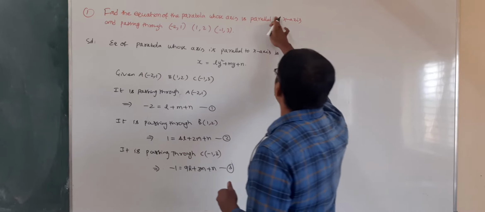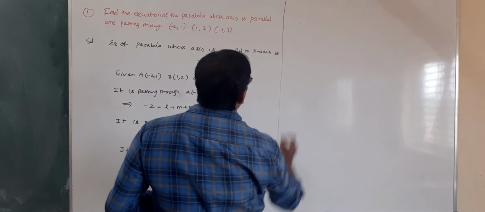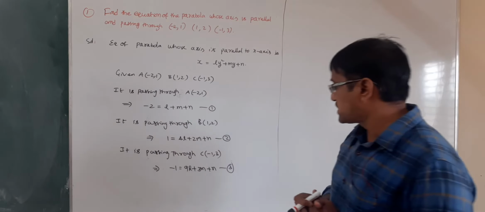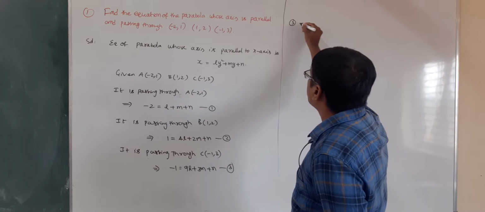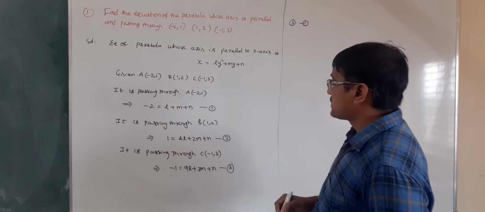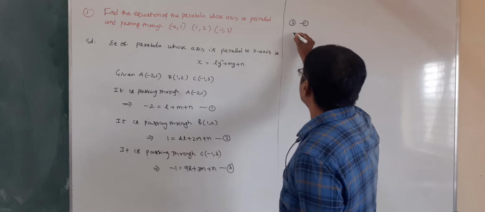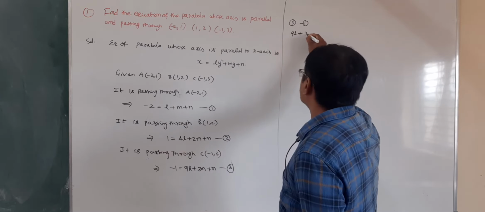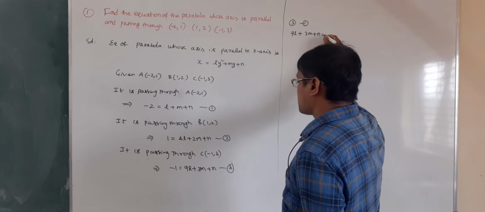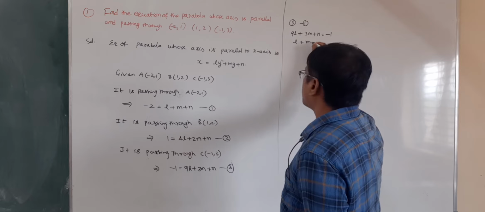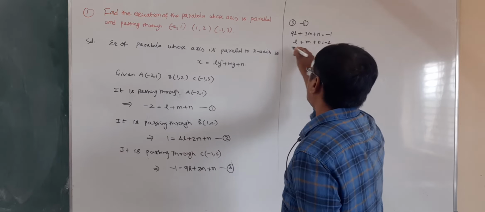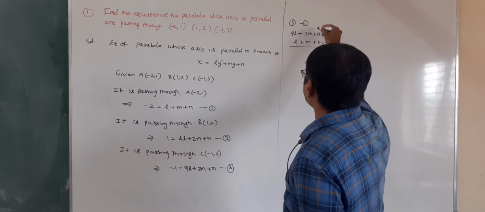Then it is going to be very easy. So let us eliminate n from these 3 equations. Now let us consider equation 3 minus equation 1, that is 9l plus 3m plus n is equal to minus 1 and l plus m plus n is equal to minus 2.